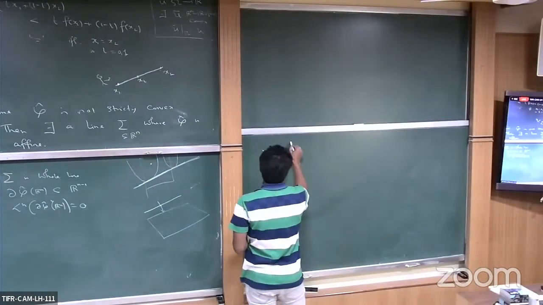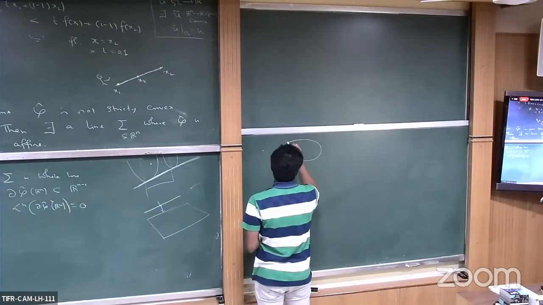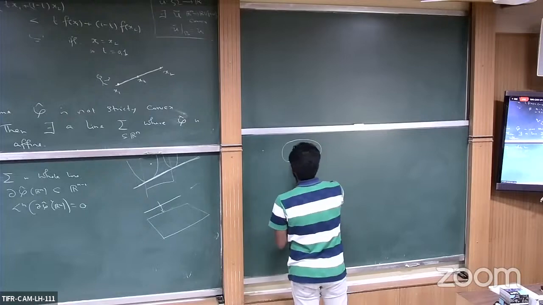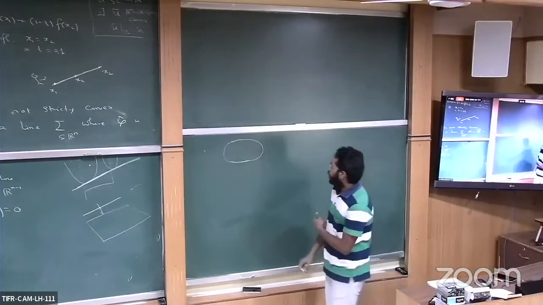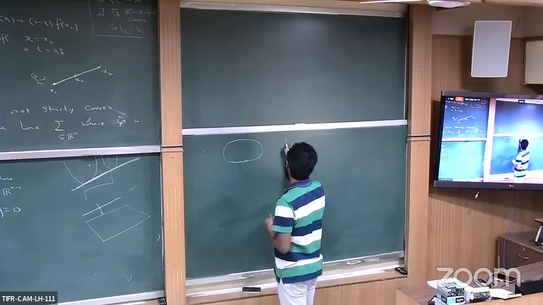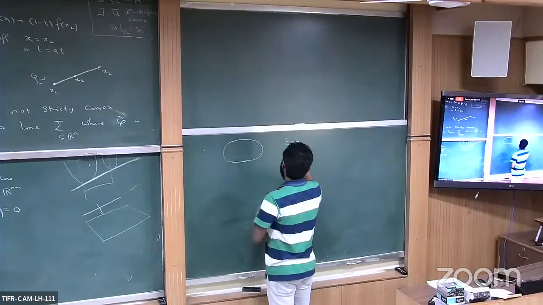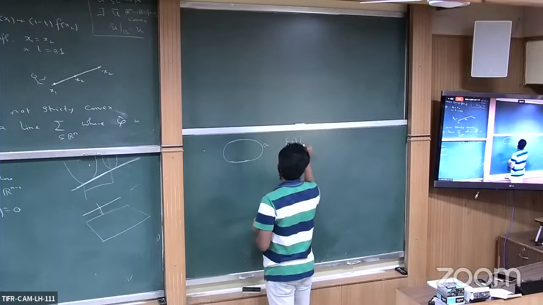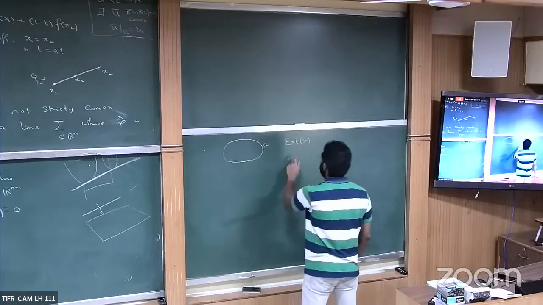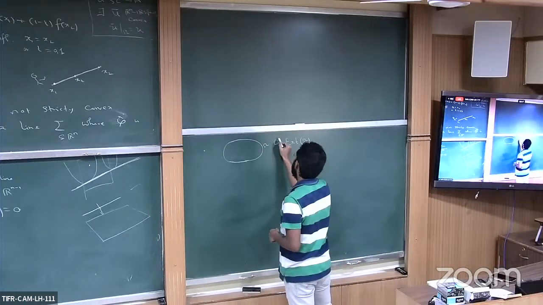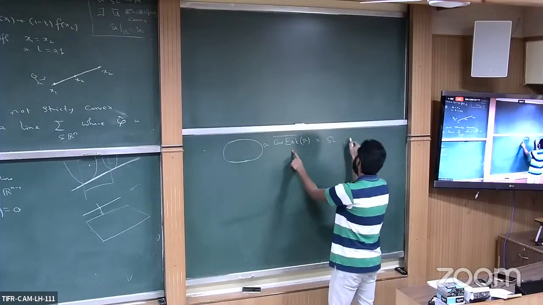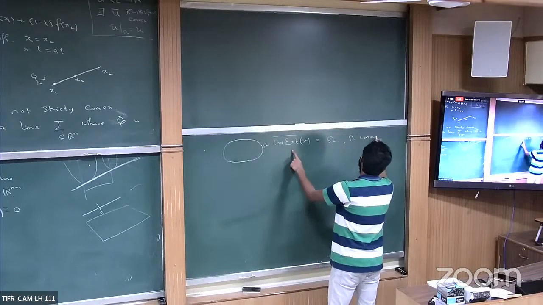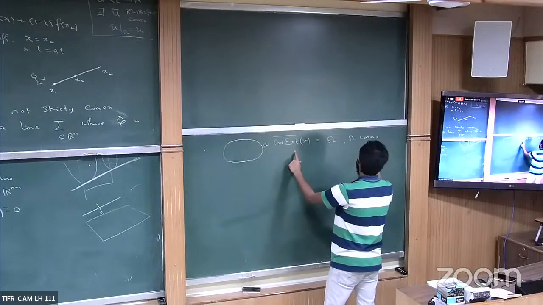You know that if omega is a convex compact domain, then if you consider all extreme points of this domain omega and take the convex hull, then this is precisely omega, when omega is convex and compact.